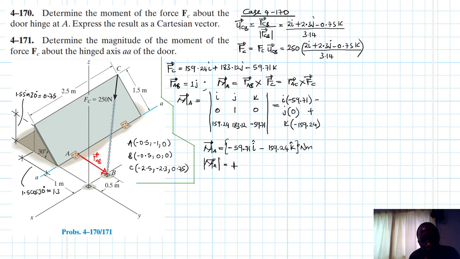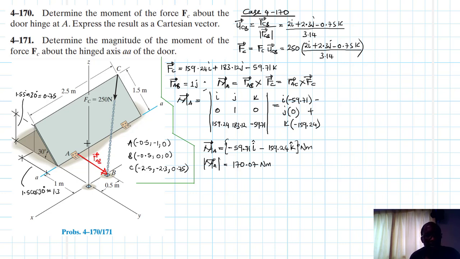So we get 170.07 Newton meters. So 170.07. Great. So this is the result at A.